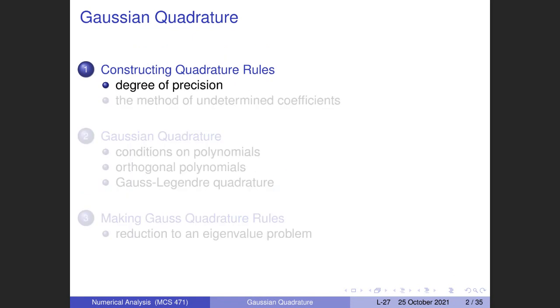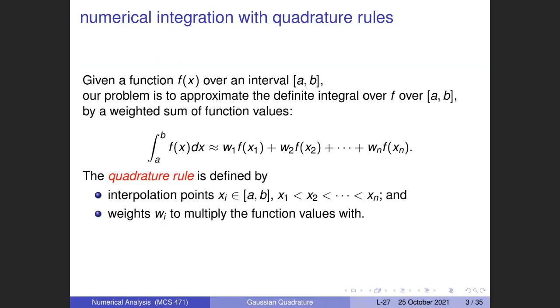So let's dive in. How do we construct quadrature rules? Well, first of all, what is a quadrature rule? Here's the problem. We have a function defined over an interval [a, b] that we can evaluate, and we want to approximate a definite integral by a weighted sum of function evaluations.